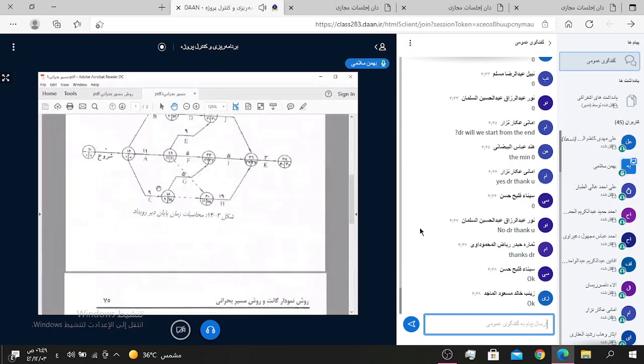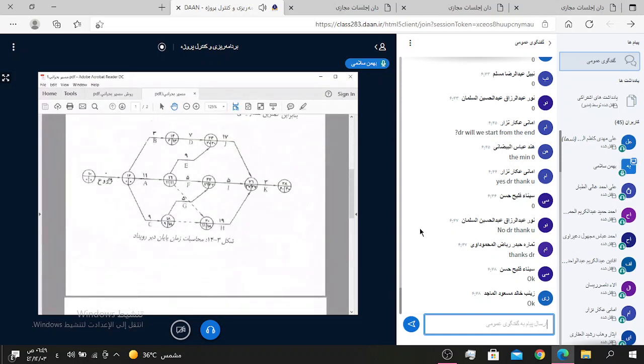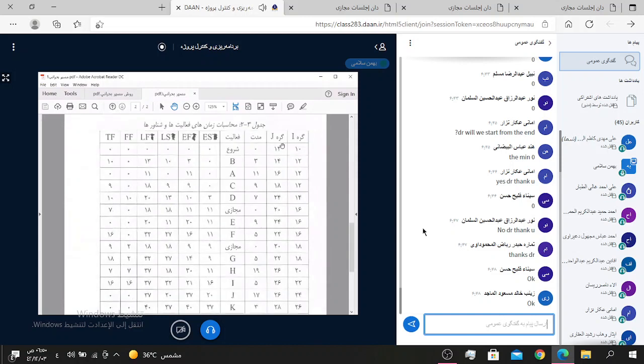As you see, every activity has 2 nodes. 1 node for start means node I, and 1 node for finish means node J. We write node I and node J for every activity.